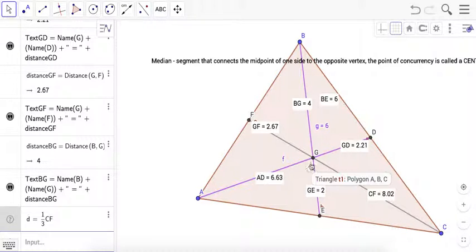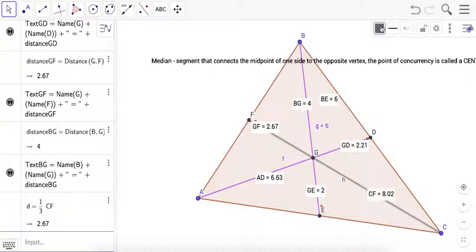And that happens here for AD as well. This other median would be the exact same way. It cuts it up into a piece that's 2/3 from A to G, the big piece, and a piece that's 1/3, the small piece, G to D. Because 6.63, a third of that is 2.21. So that's our theorem.